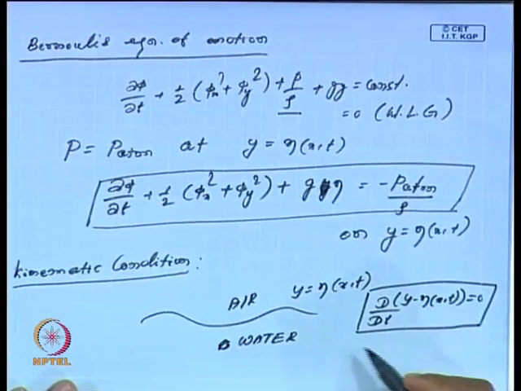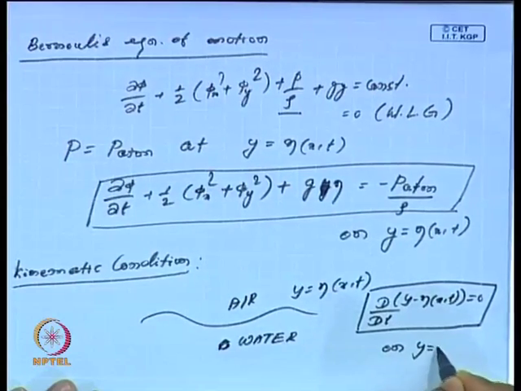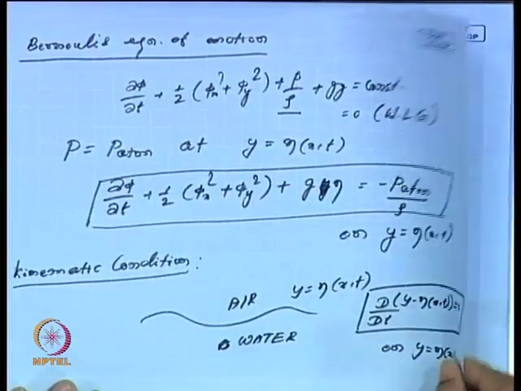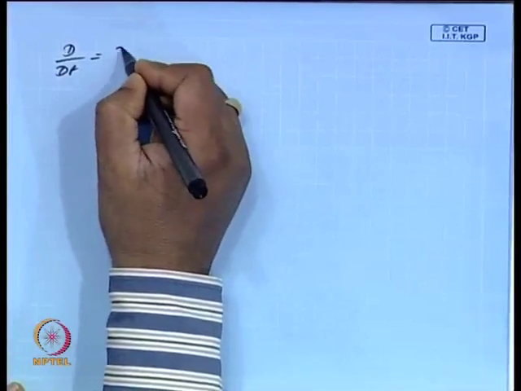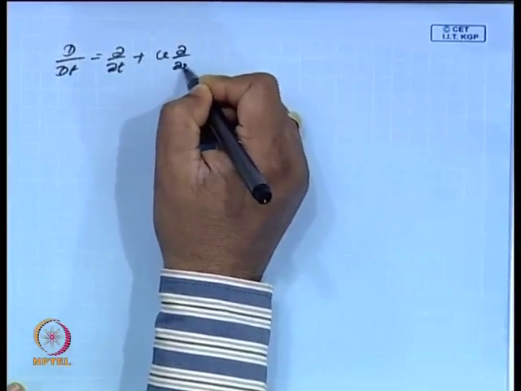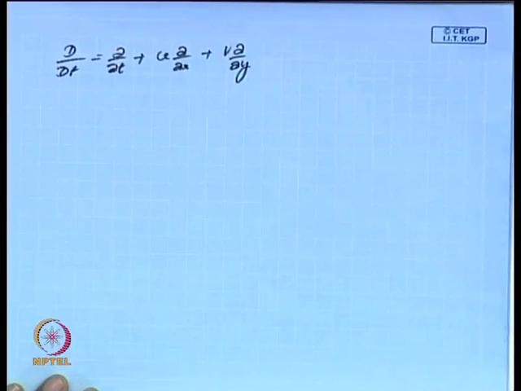That means this is on y is equal to eta(x,t). On the free surface the total derivative is 0, and that means there is no gap between the air and water surface. If I simplify this equation, d by dt is nothing but the material derivative. So, we all know that d by dt is equal to del by del t plus u del by del x plus v del by del y, because I am dealing with a two dimensional problem.